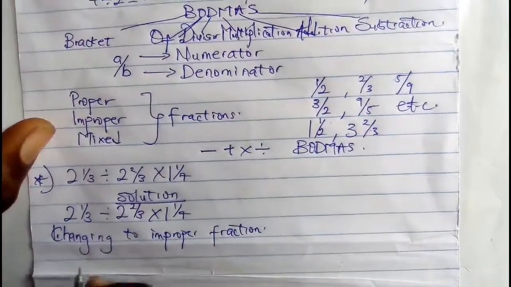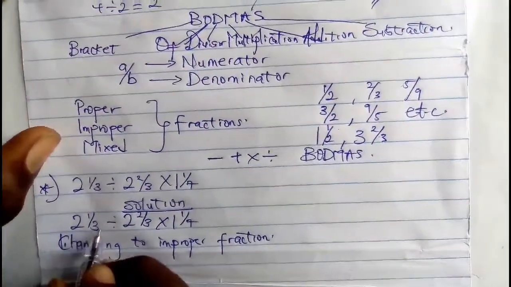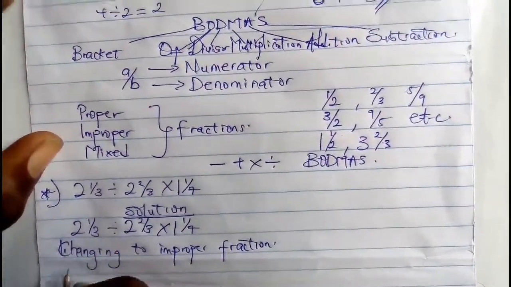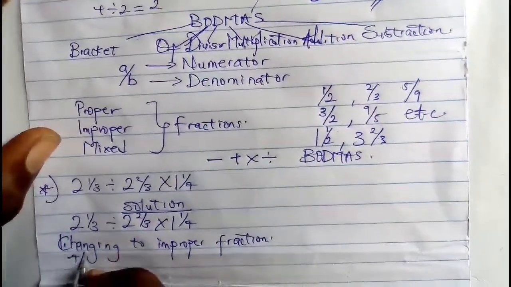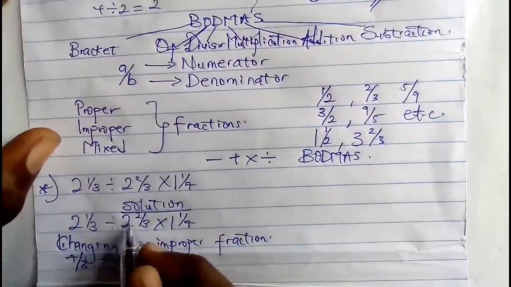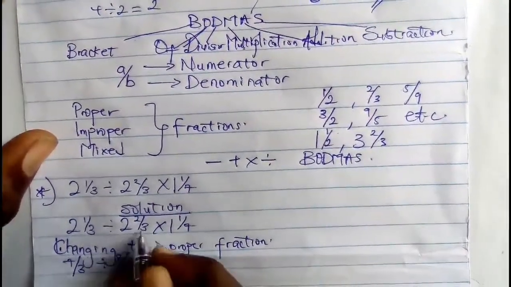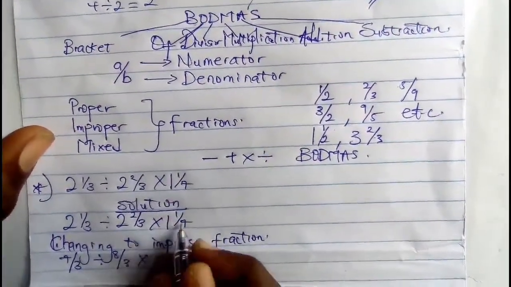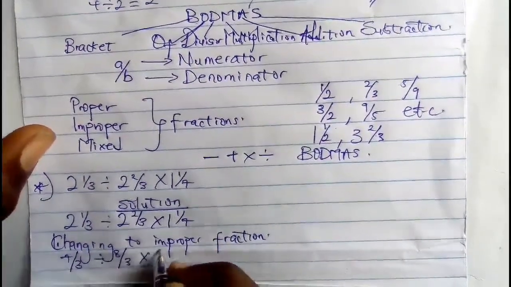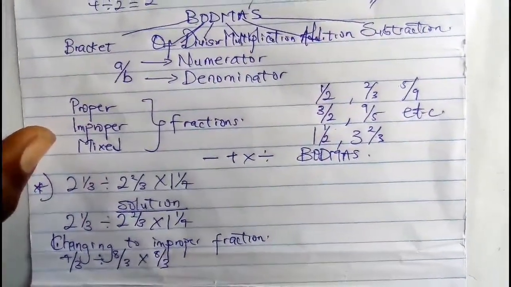So if you are changing them to improper fraction, automatically 2 times 3 is 6, plus 1 gives you 7 all over the denominator, divided by 2 times 3 is 6, plus 2 is 8 all over 3, which is the denominator, times 1 times 7 is 7, plus 1 gives you 8 all over 3.